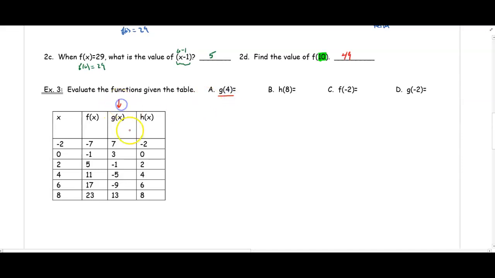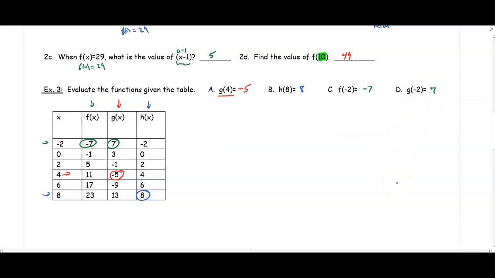I'm going to look in this column with an input of 4, and right away I see this would be equal to negative 5. h of 8, I'm using this function with this input, which means that would be equal to 8. f of negative 2, use this function with this input, puts me at negative 7. And then g of negative 2 right away would just be 7.